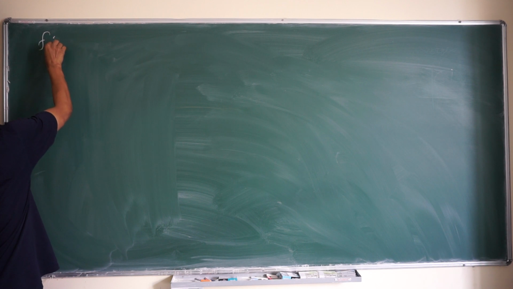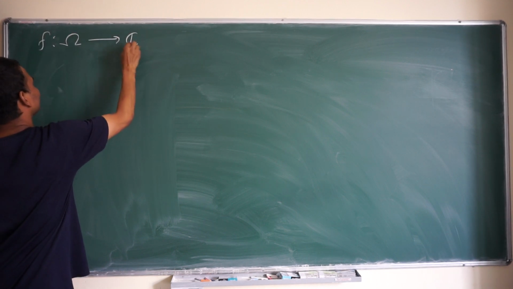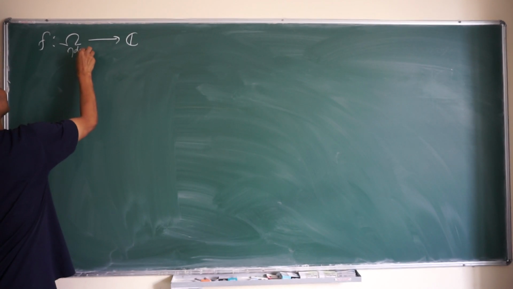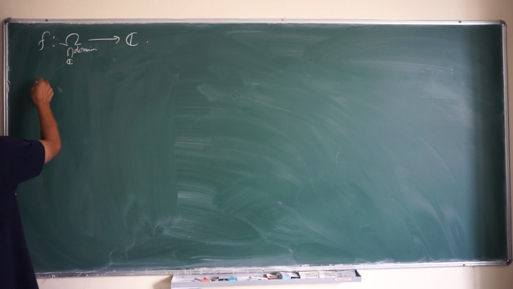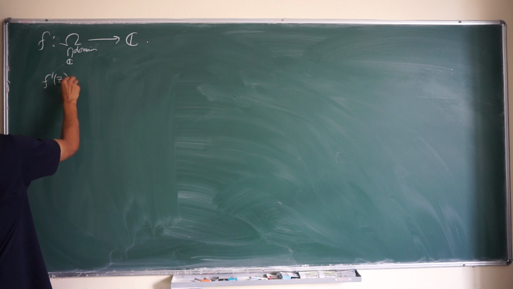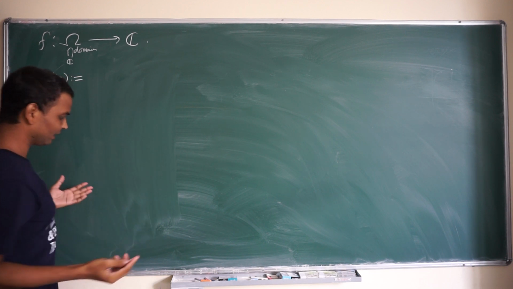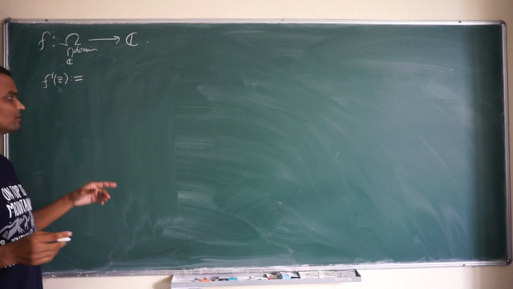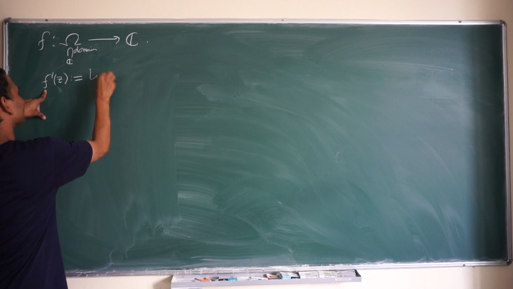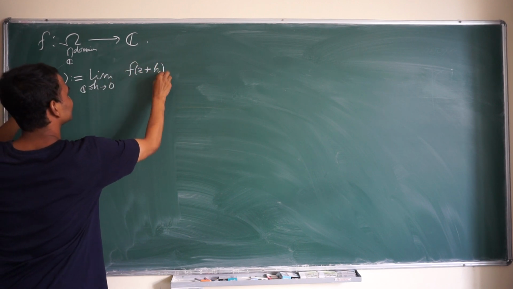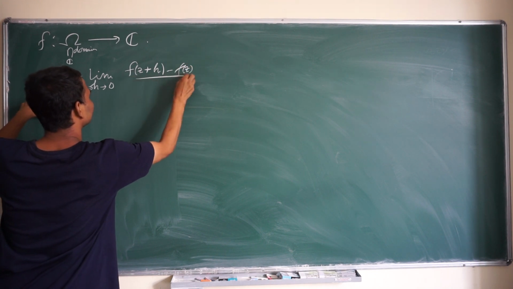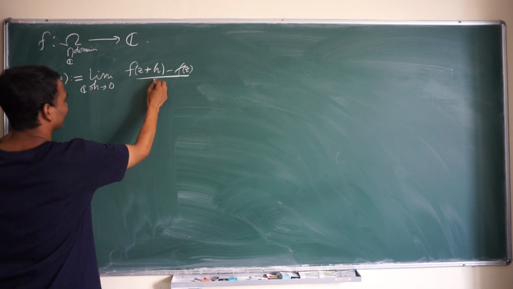If f is a function from omega to C, where omega is a domain in C, we define f prime. We already said that when f is complex differentiable, the definition is there. We say this limit is the derivative, complex derivative, or derivative of f.